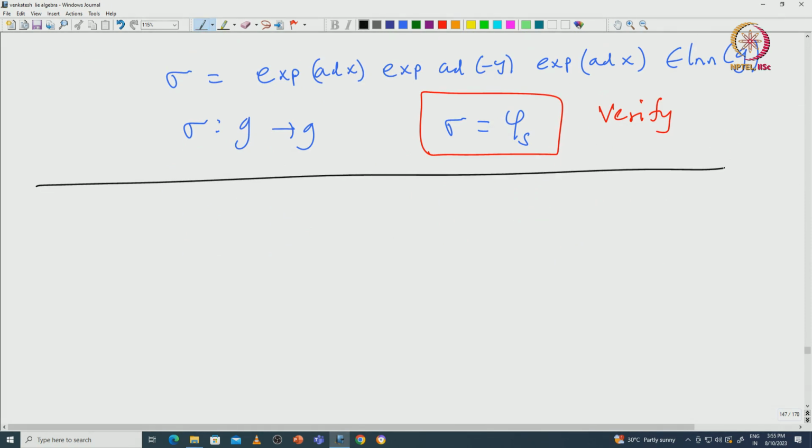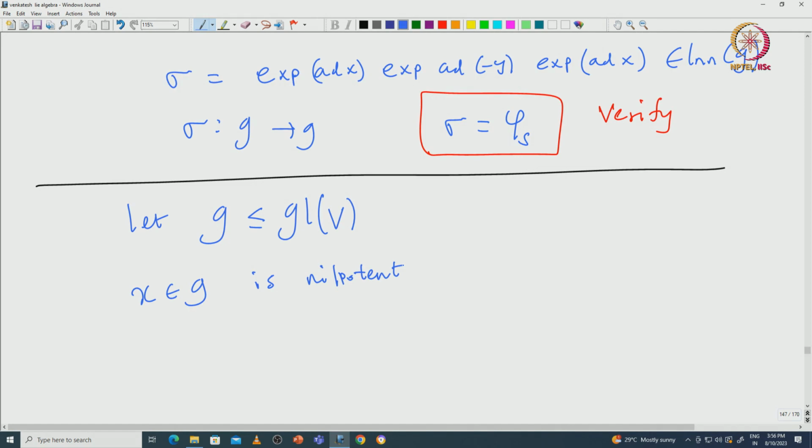I want to take some linear Lie algebra, a Lie subalgebra. So let us say G is a linear subalgebra of GL(V). Now take some x inside G which is nilpotent.